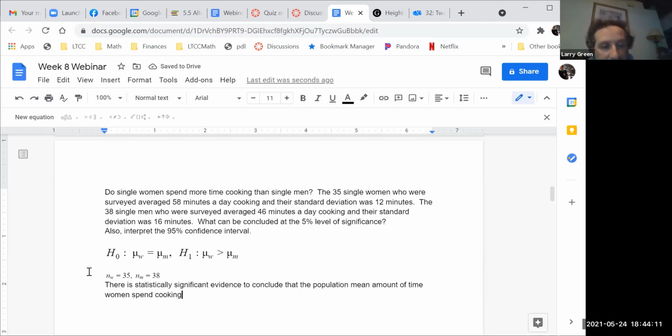Okay, and notice, by the way, actually, it should say single. Notice that this is the population mean. This is all women, not just the ones we sampled. Is larger than the population mean time men spend cooking. Any questions on that idea?